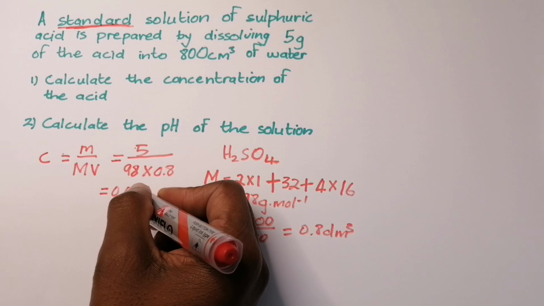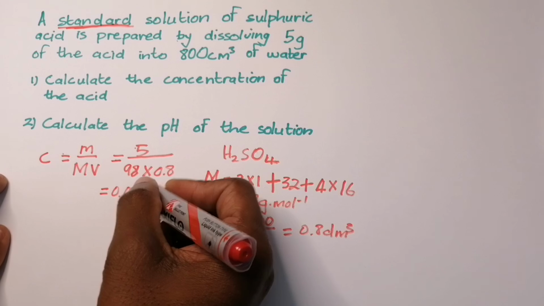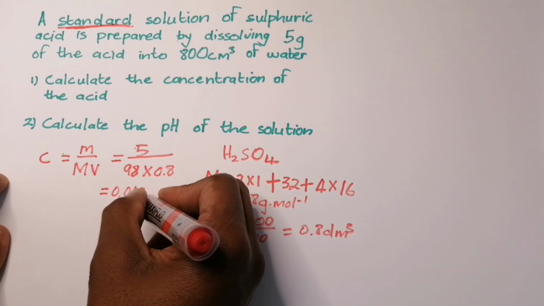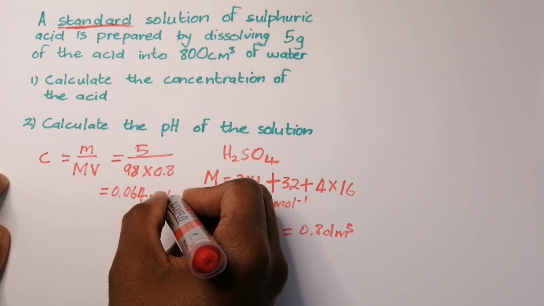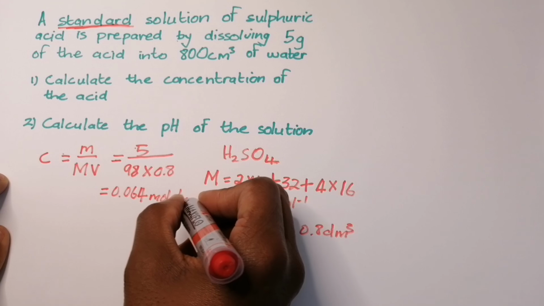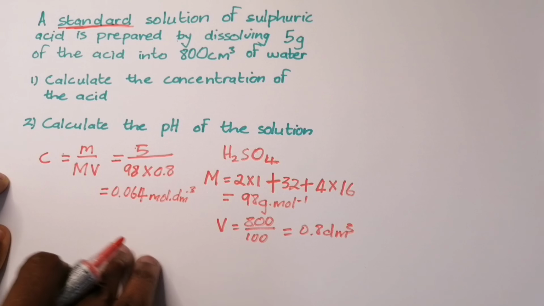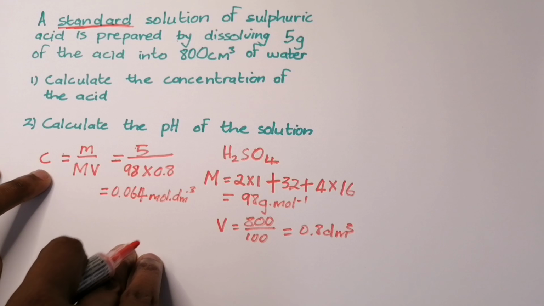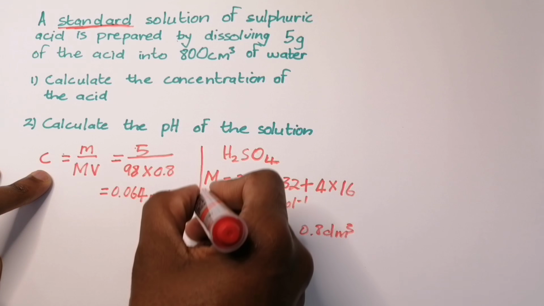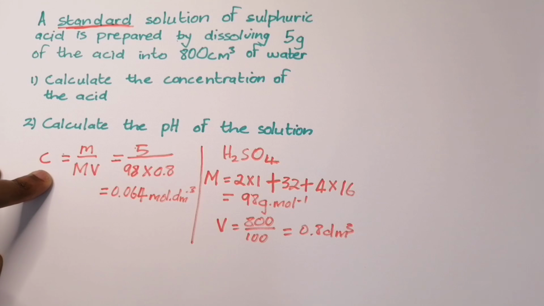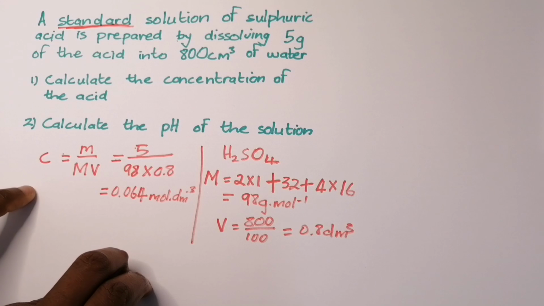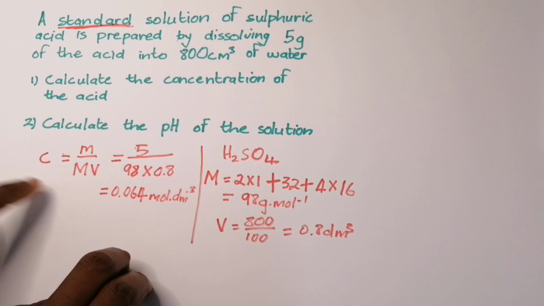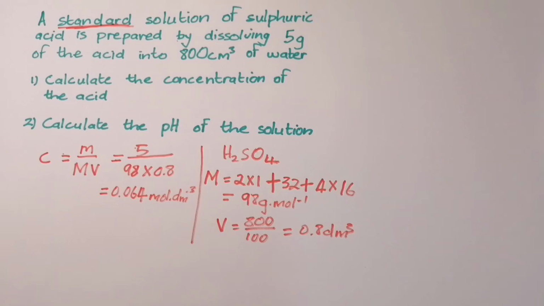I'm going to round it off to 2 significant numbers, so I get a value of 0.064 moles per cubic decimeter. Sorry, I'm trying to squeeze all of that in. So there is my calculation. This tells me the concentration of my acid, the concentration of sulfuric acid.